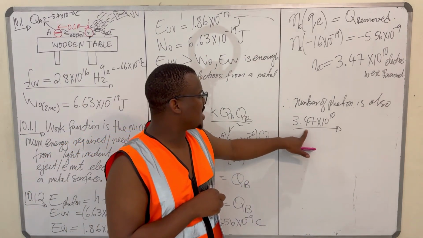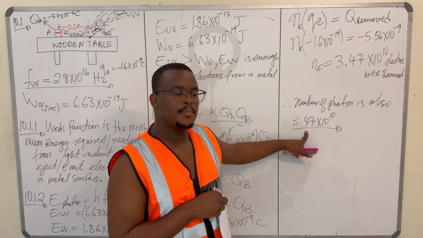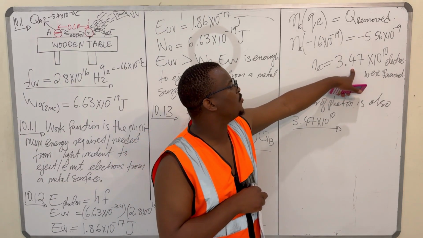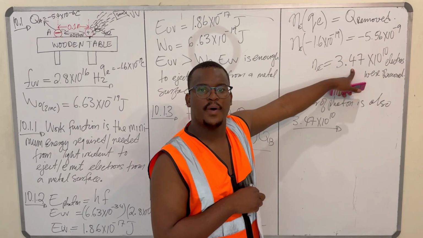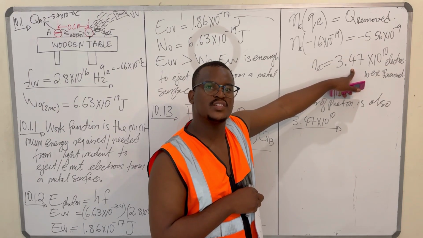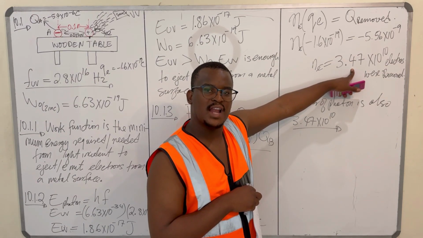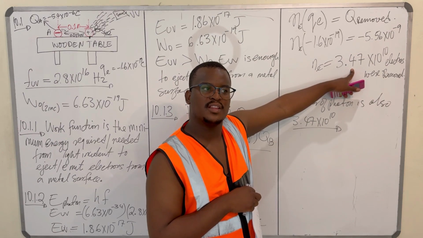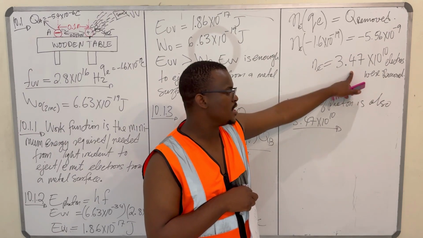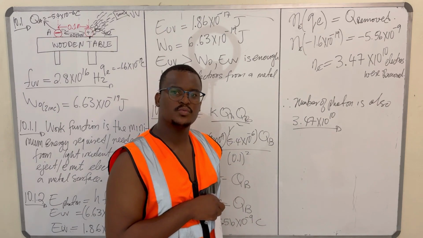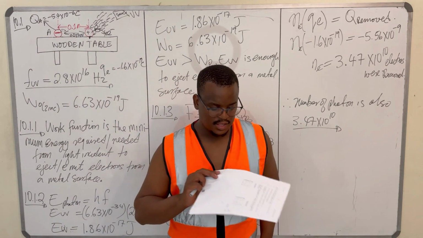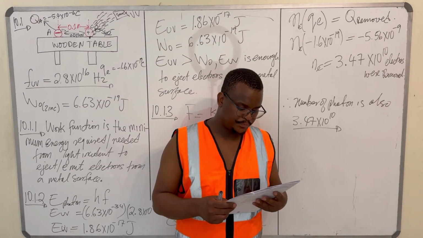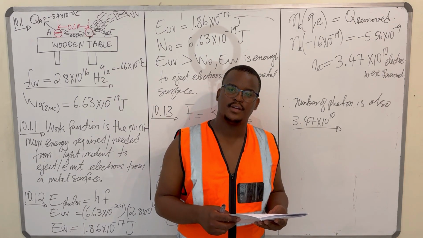Because each electron was removed by one photon, there's a 1-to-1 ratio between the number of photons and the number of electrons. Therefore, the number of photons will also be this one. Done. So I'm going to clean the board and then we do this spectrum stuff.